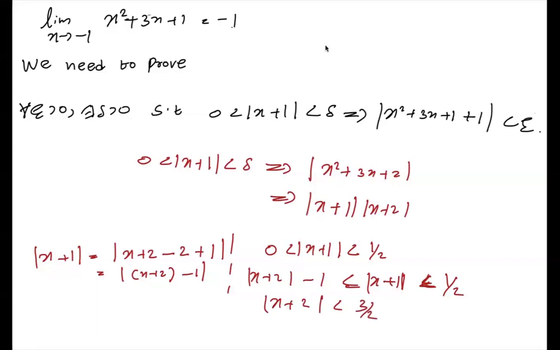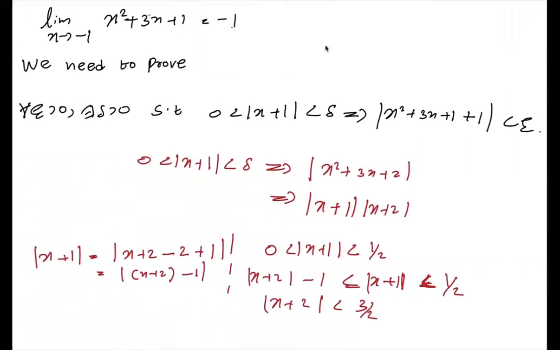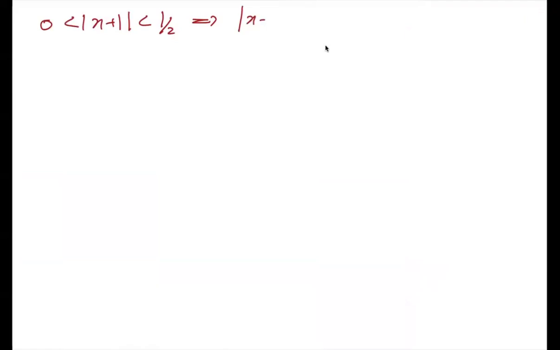Then I can say 0 less than the absolute value of x plus 1 less than half. This implies that the absolute value of x plus 1 times x plus 2 is less than 3 over 2 times the absolute value of x plus 1. This is my rough work.